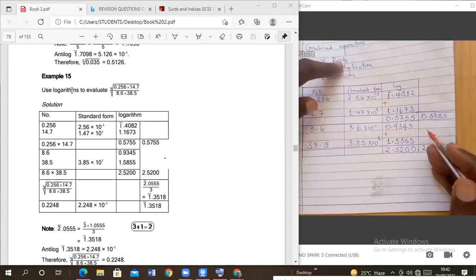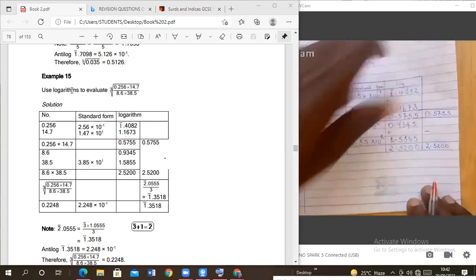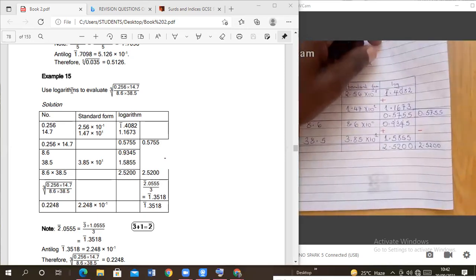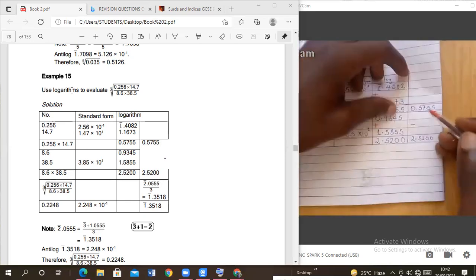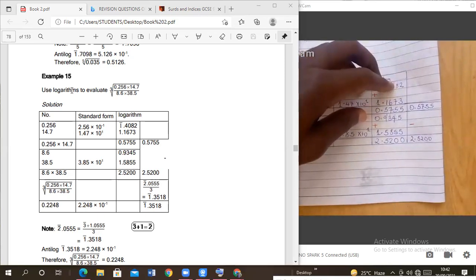So what do we do? We subtract. So what shall we have? 5. Let me write it here.